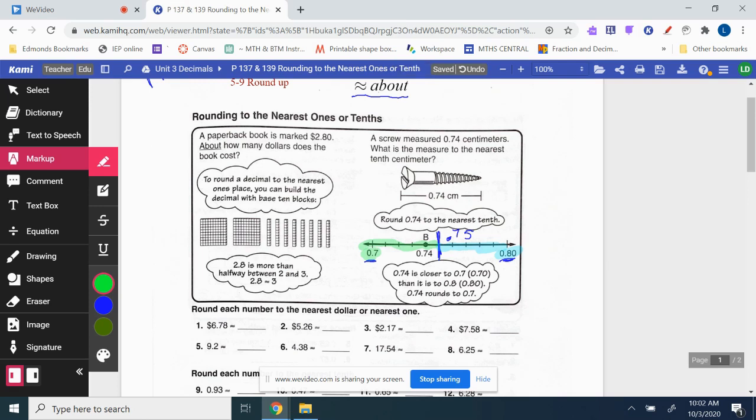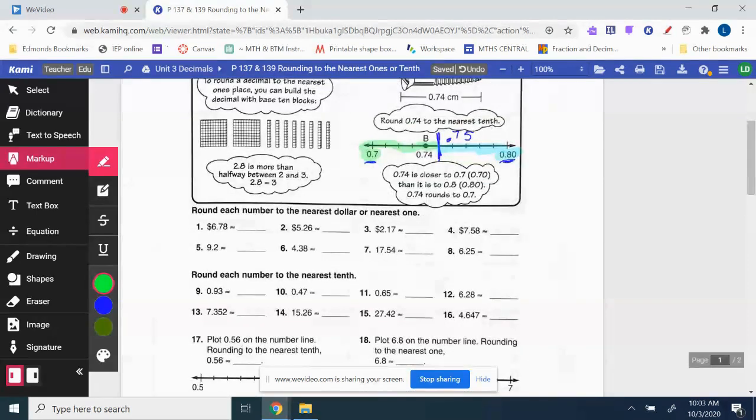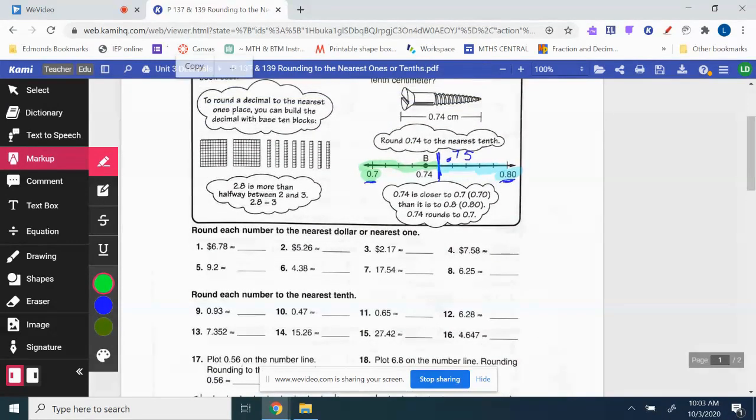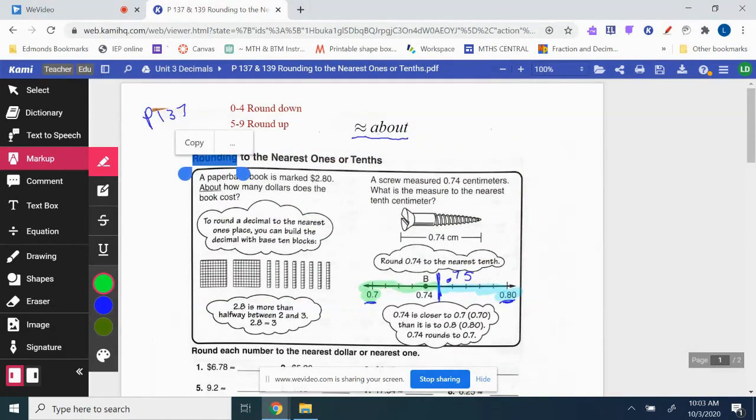So I put at the top of the page, a reminder for you. 0 through 4, round down. 5 through 9, round up.